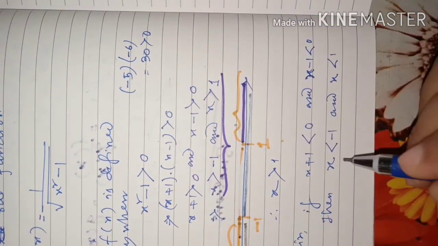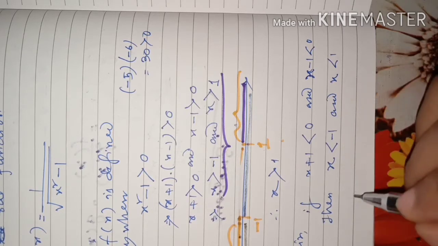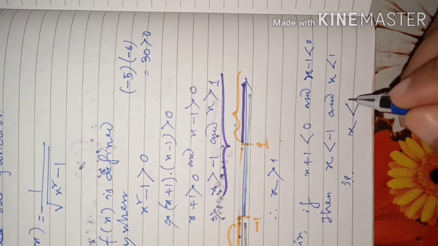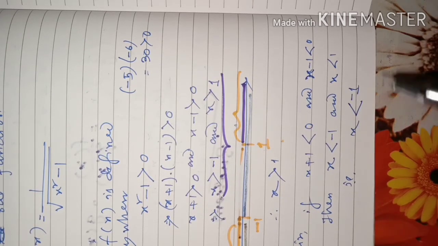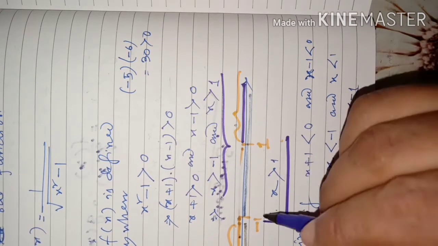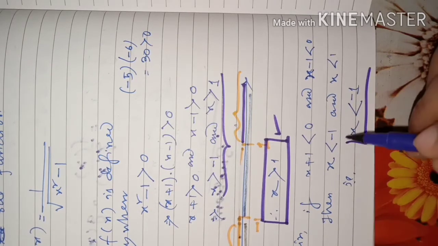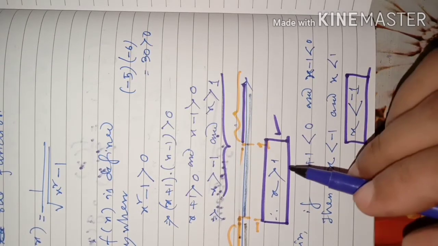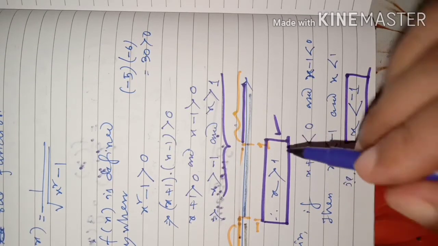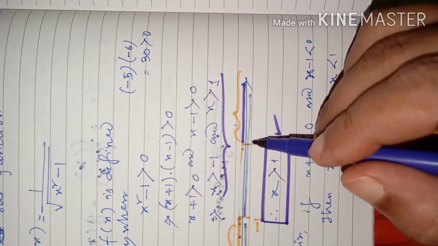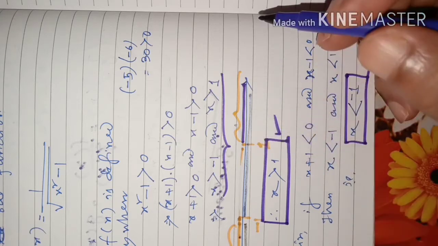So when we combine both these, we understand that x is less than minus 1. That means in our domain, these two parts will be there. The domain will be one part x greater than plus 1, and one part x less than minus 1. If we say x greater than plus 1, we understand it is the open interval 1 to infinity.